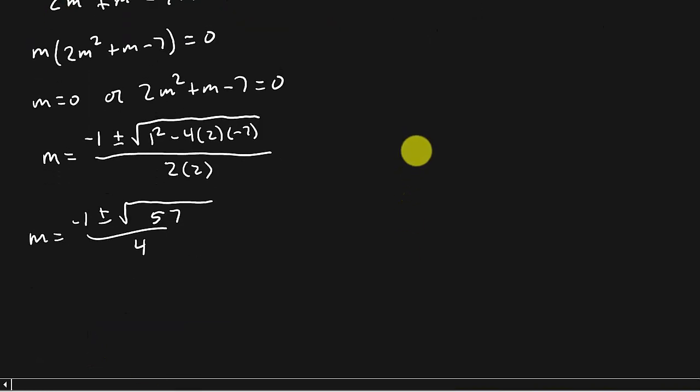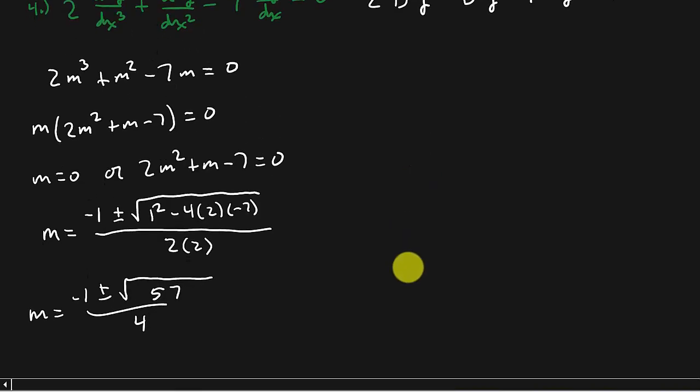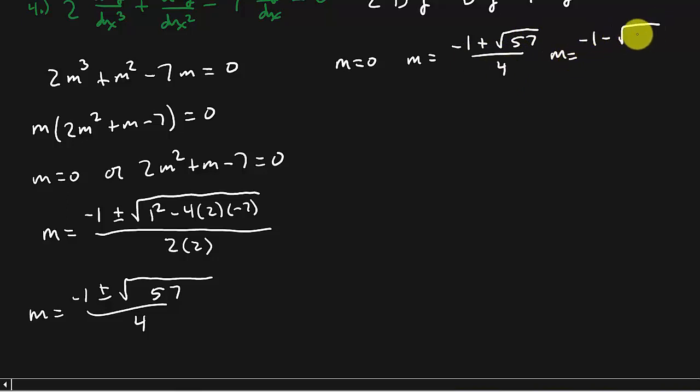Remember, these are two solutions right here. So let's write our solutions up here. I've got m equals 0. I've got m equals negative 1 plus the square root of 57 over 4. And m equals negative 1 minus the square root of 57 over 4.